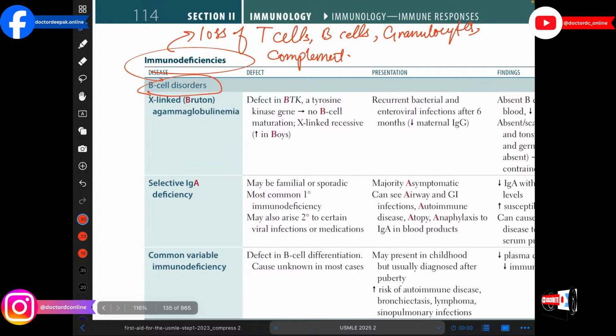There are no mature B cells. It is more prevalent in males.